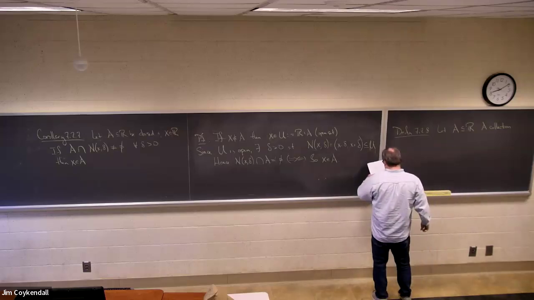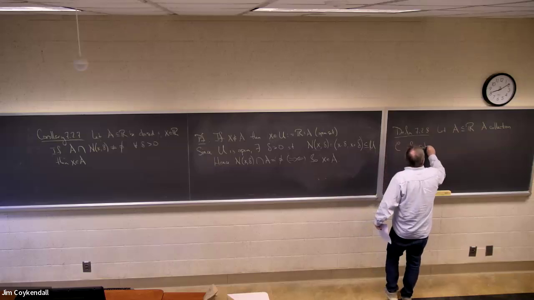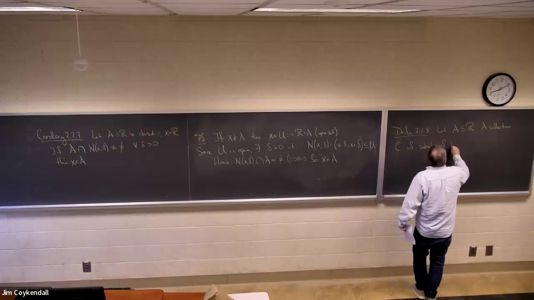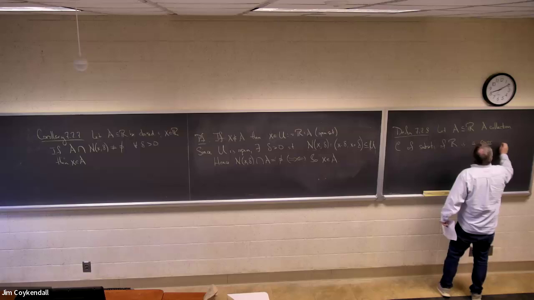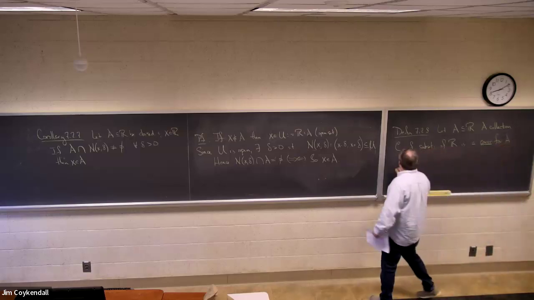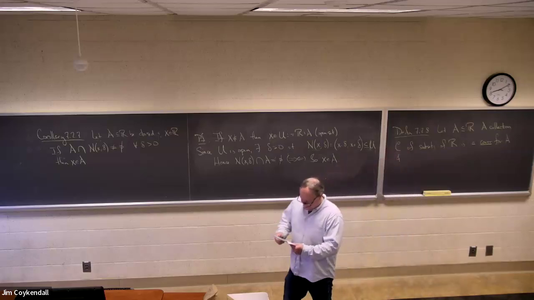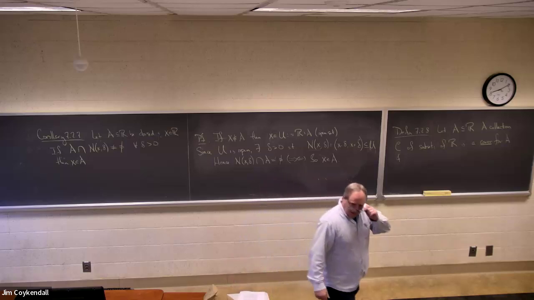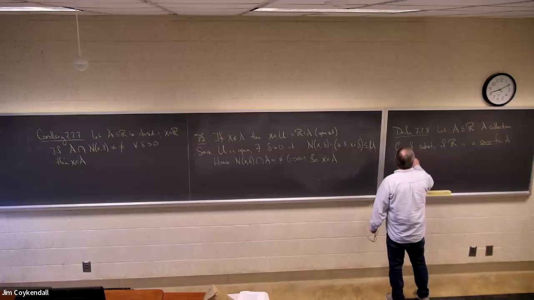A collection script C of subsets of R is a cover for A if... what is a cover? It just makes me think of blankets, and that's exactly what it is.